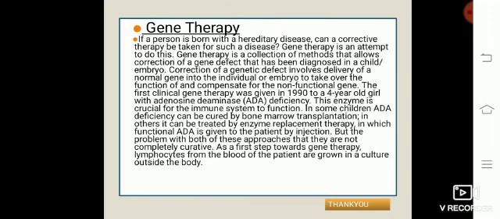It means we develop healthy lymphocytes from outside the body, which produce the adenosine deaminase enzyme. We introduce the gene into the lymphocyte cells so that they start producing ADA enzyme.